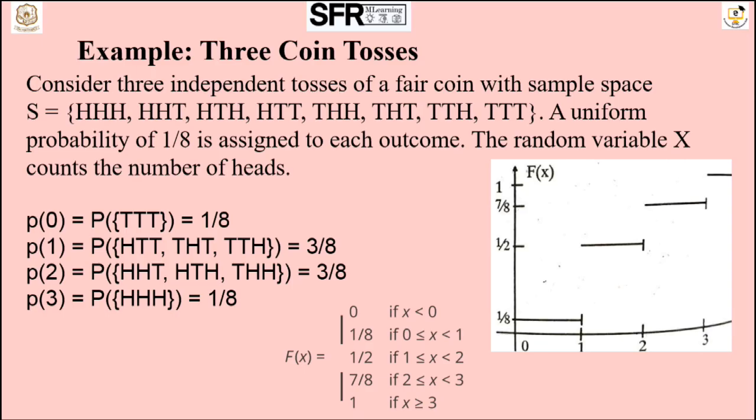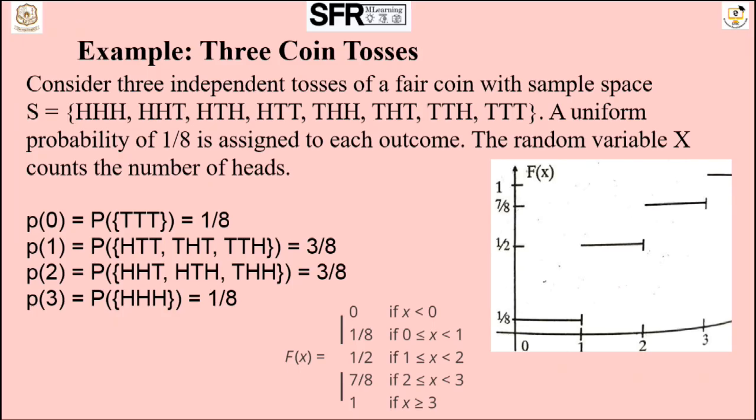The random variable X counts the number of heads only. I am going to find the probability as the random variable counts the number of heads. So P of 0, when all the tosses are tails, has probability 1 by 8 as assigned. Like that, when I am getting all 3 as heads, P of 3 is 1 by 8.